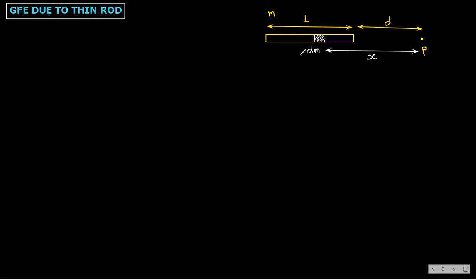Listen, this dm is a small mass, including all this dm means capital M. We can say a small piece of the rod I am considering whose mass is dm. Understood? Okay, and that small mass dm is at distance x.